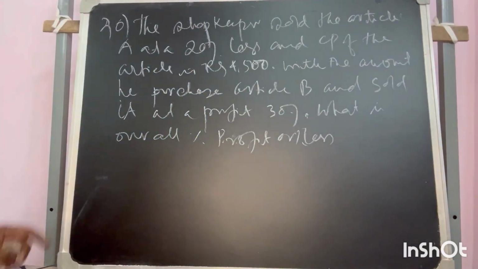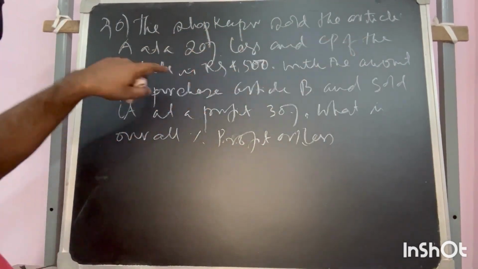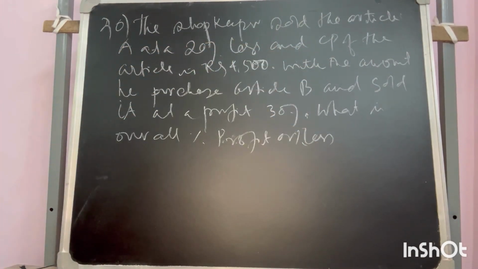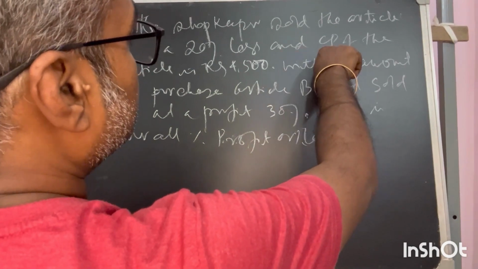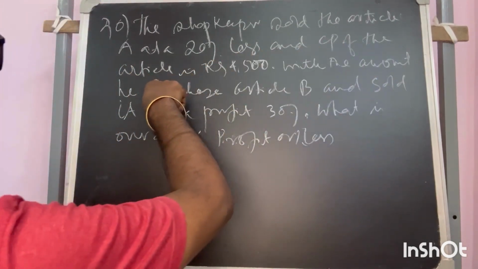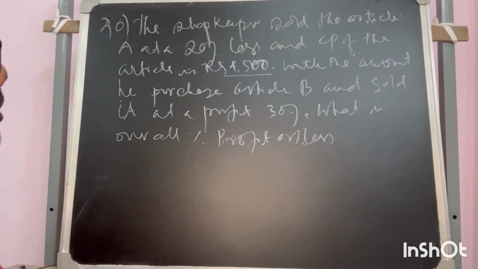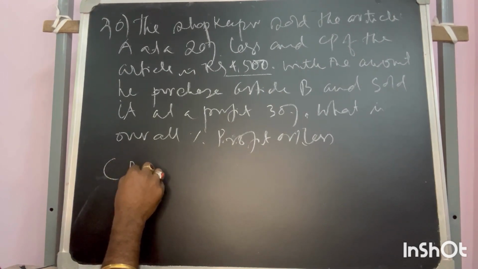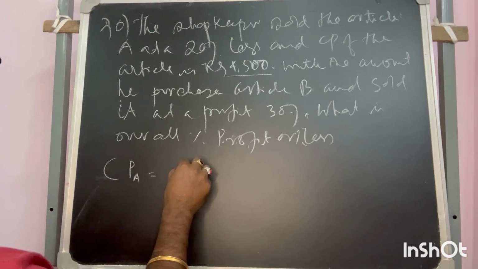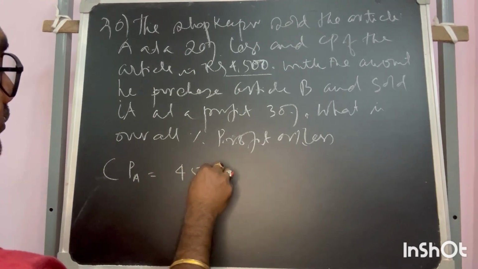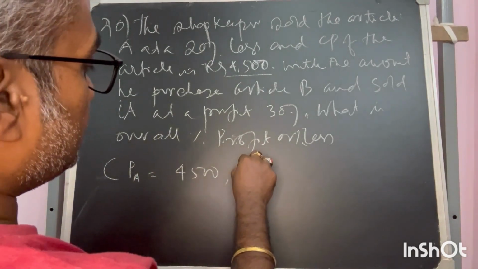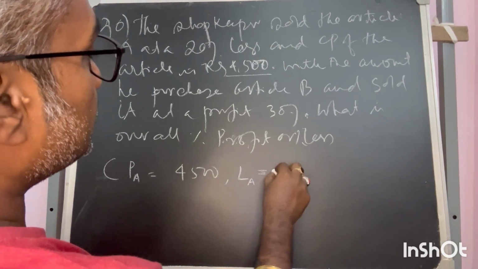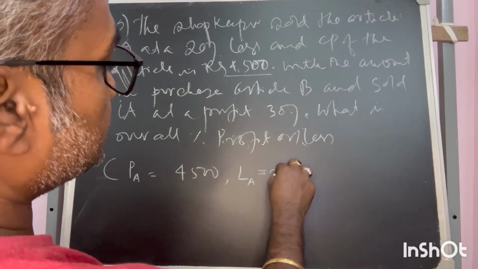Okay, now the shopkeeper sold the article at a 20% loss, and the cost price of the article is this one. Okay, so initial cost price, let's say the cost price of A article is 4,500, made a loss. The initial loss for the article is 20%.